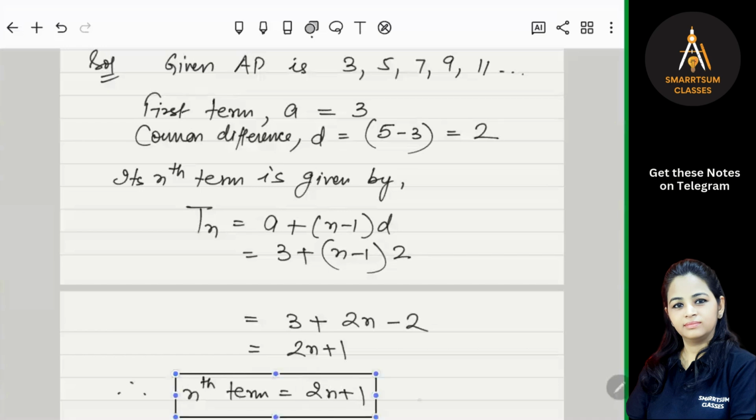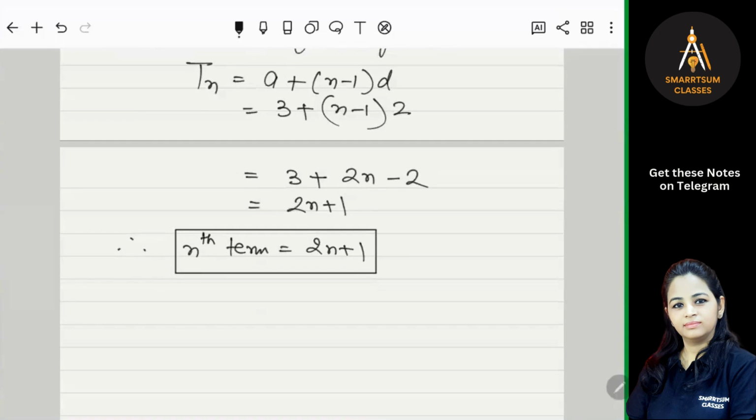This is the first part of the question. We have got the nth term, which is 2n plus 1. Now we have to find the 16th term, the second part of the question. The 16th term of the given AP will be T16, which means the value of n is 16.